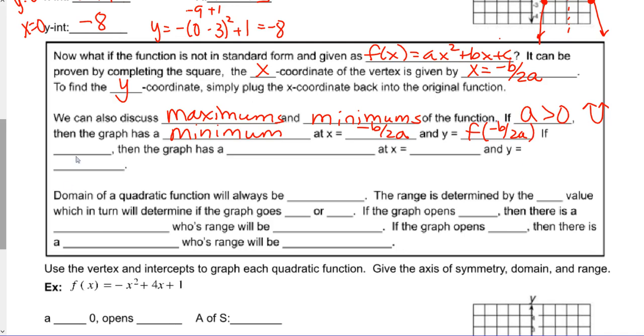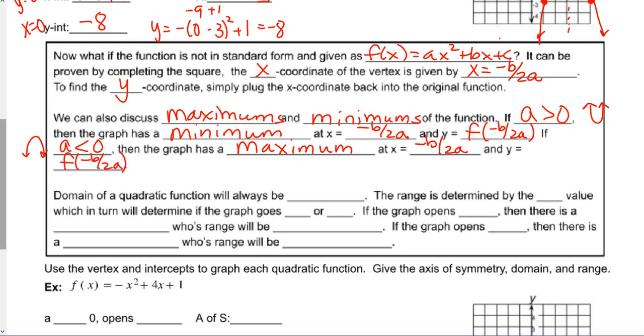Now, if a is less than 0, that means I have a parabola that went upside down pointing towards the negatives, and that means I have a maxed out point at the top. I have a maximum at x equaling negative b over 2a, and its y value is also going to be found by plugging that negative b over 2a into our function.